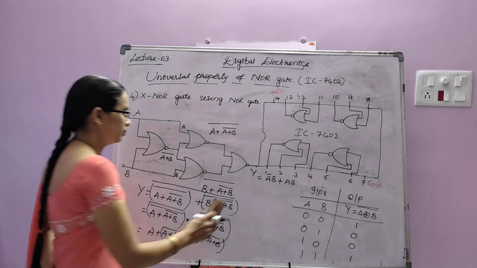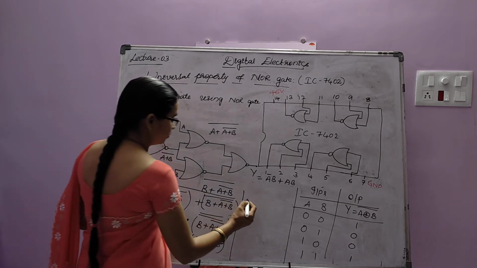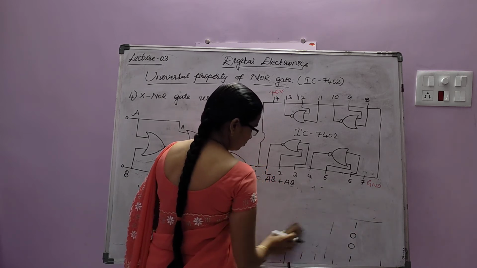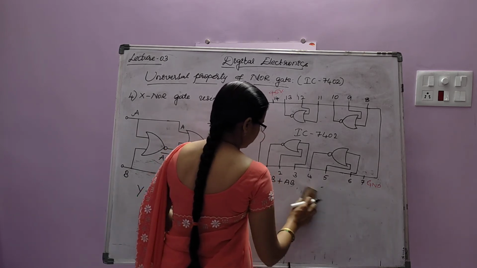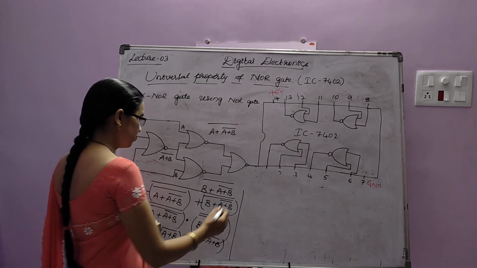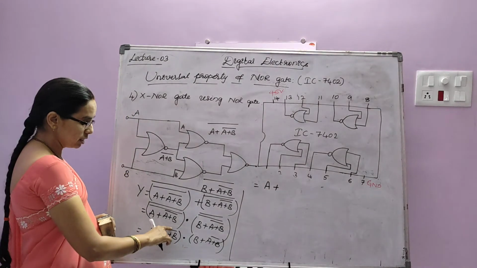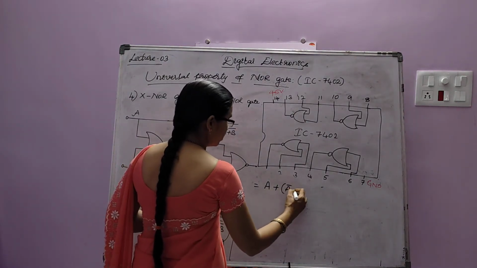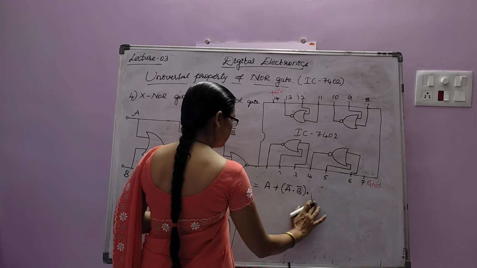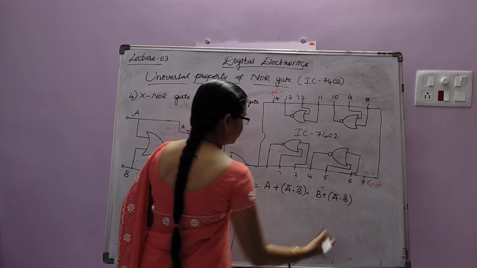So in the next step, I will just rub this truth table. Continuation of this: A plus, and if I split this bar, A bar dot B bar, dot, B plus A bar dot B bar.